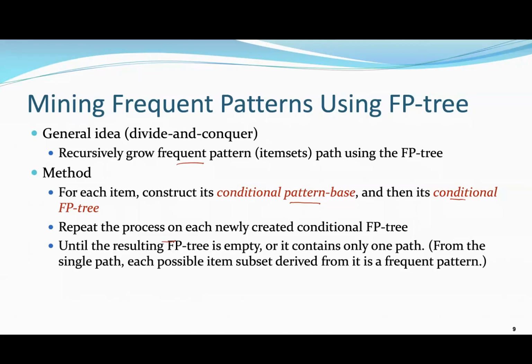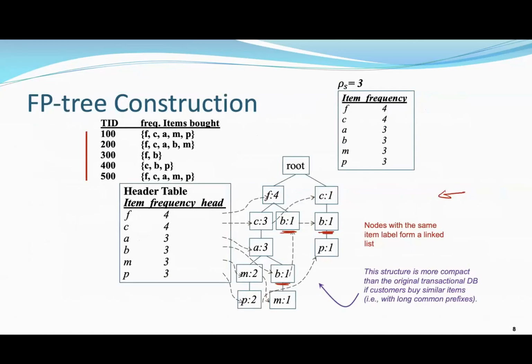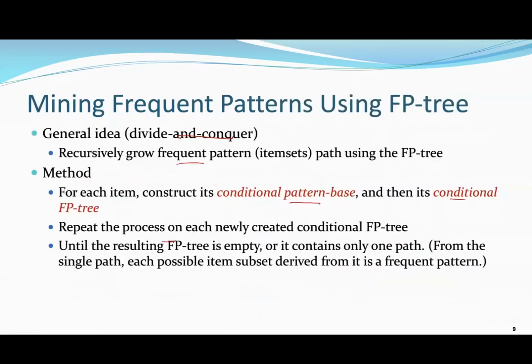But first of all, let me explain a little bit about what we mean by divide and conquer. In this example, we have 6 items, namely F, C, A, B, M and P. By divide and conquer, what we want to do is to find all the frequent item sets that end with a P. This is the first task.